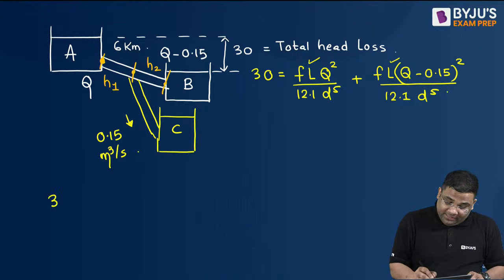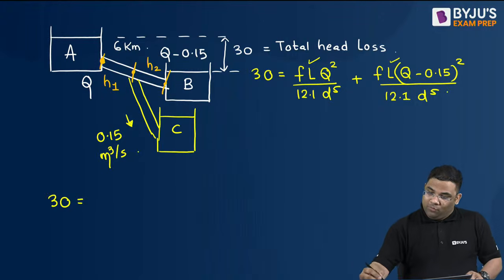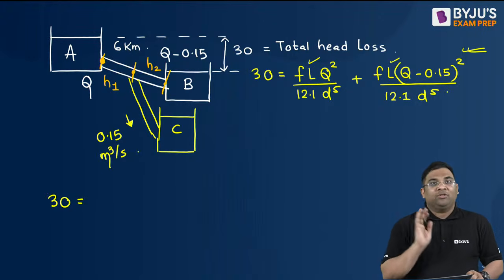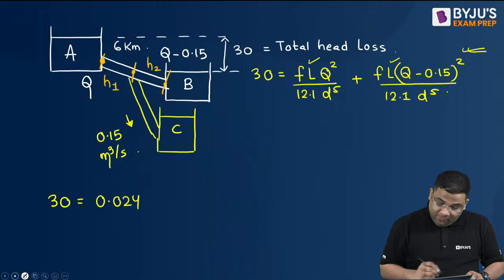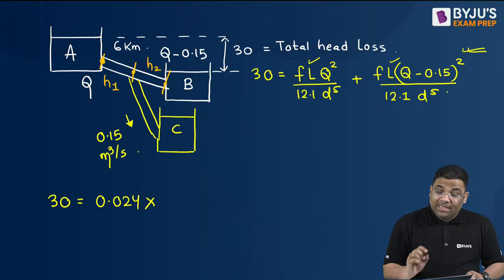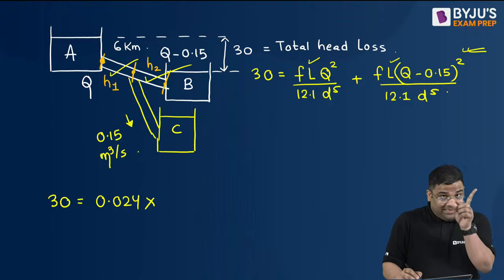So what I can do, I can take this 30 common. You see, again this question is one line answer only. Based on this line you can solve the question. 30 is equal to F, that is given as 0.024, into length. Length will be 3 kilometer for the first one, halfway, and for this one also 3 kilometers, so 3000 meter.